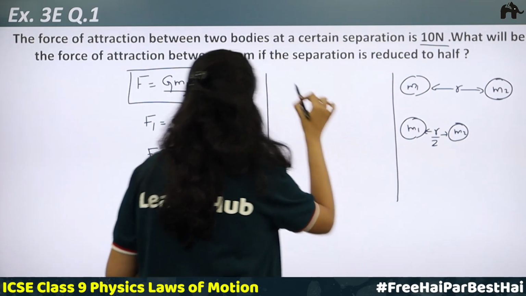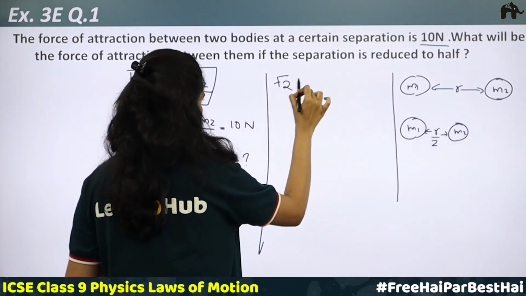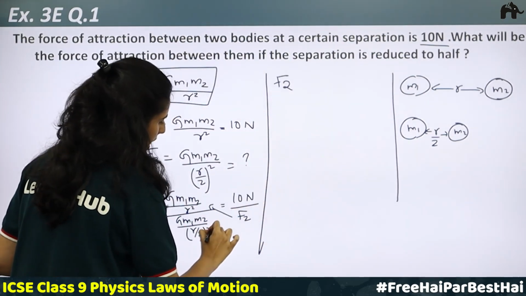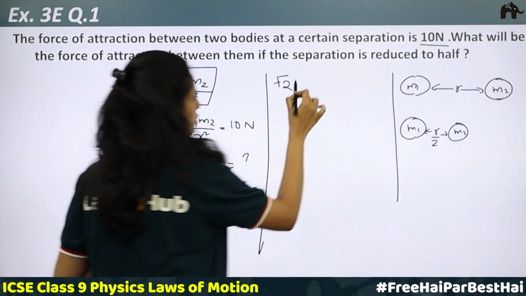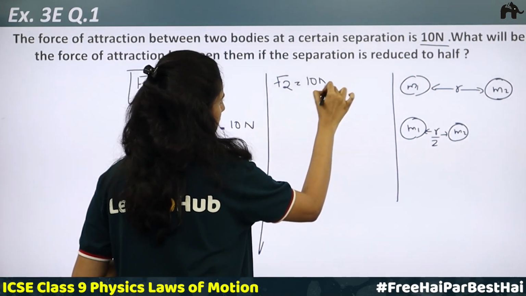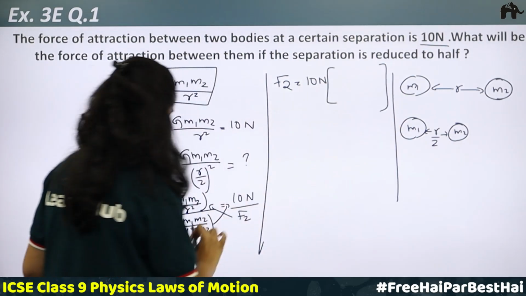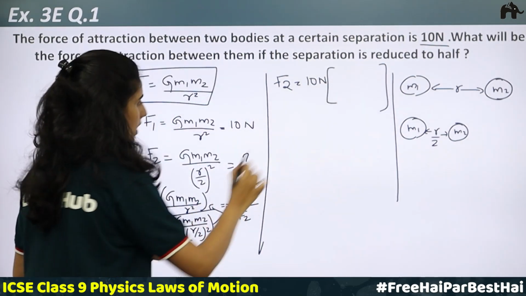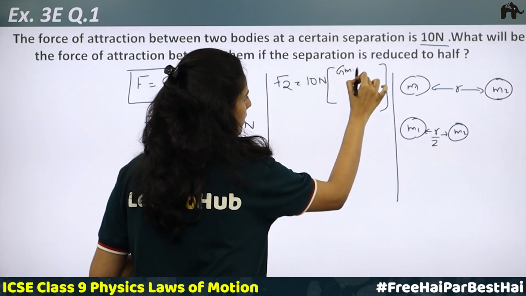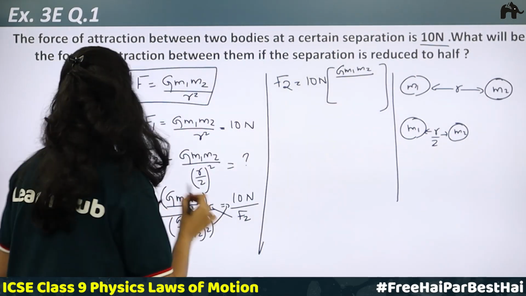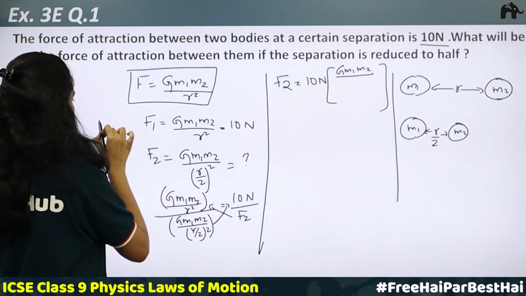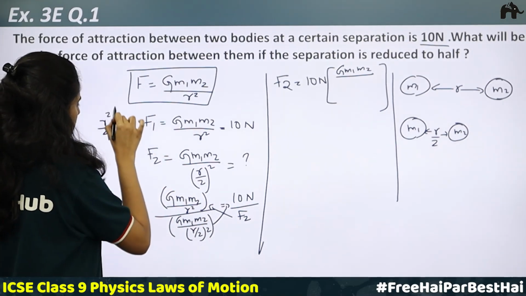Then how to find F2? We are cross multiplying. This is the numerator, this is the denominator. F2 will be equal to, already we have 10 Newton here, this goes to the numerator, that is G M1 M2 divided by R by 2 whole square. What is R by 2 whole square? R square divided by 4.